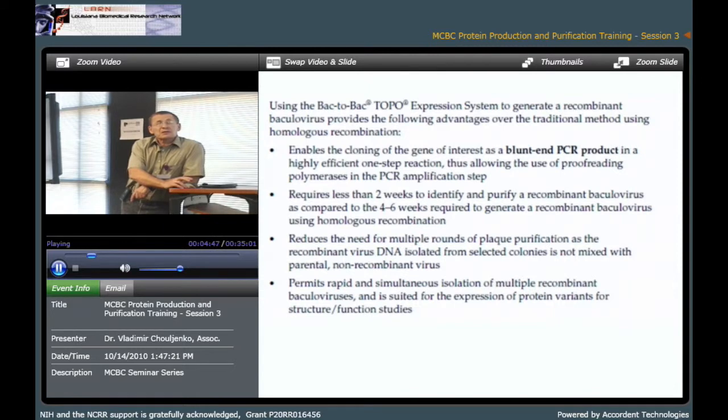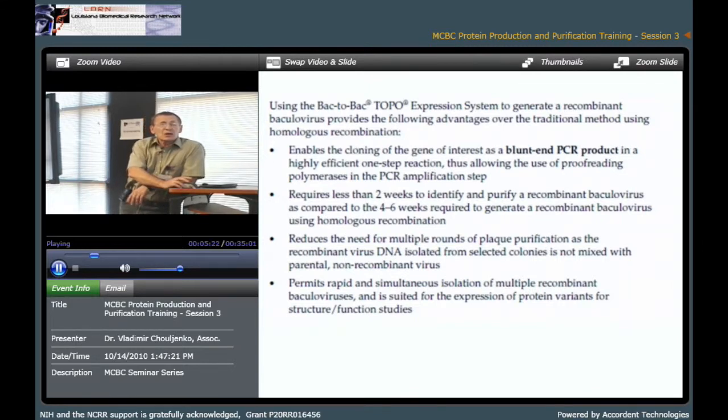The most important part is that this system reduces the need for multiple rounds of plaque purification, because the main problem with the old system was that even the smallest contamination of wild-type virus typically grows much better than any recombinant. As a result, after several rounds of amplification, all that wild type will take over, and instead of producing your own protein, you will be making cells infected by wild-type virus, which is basically an empty vector without any protein production.